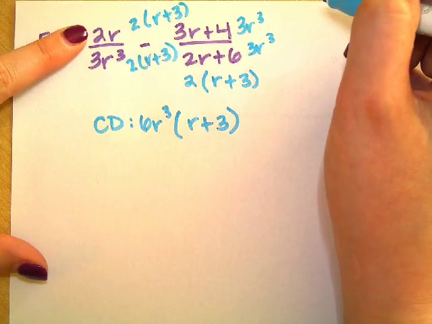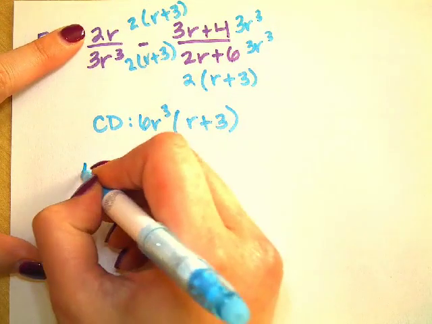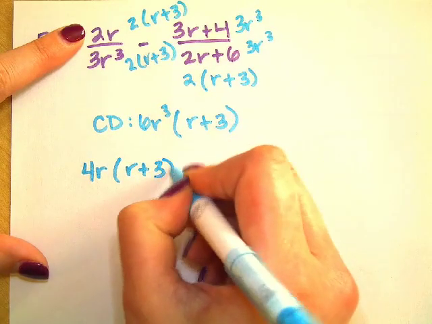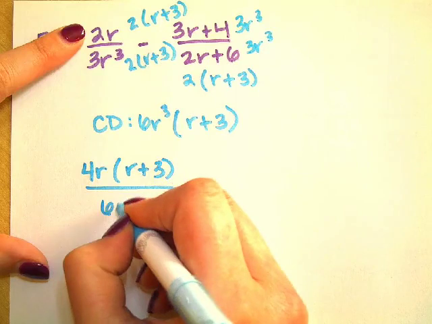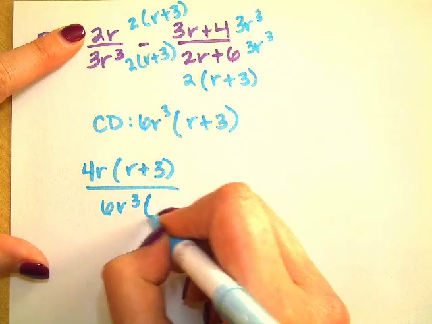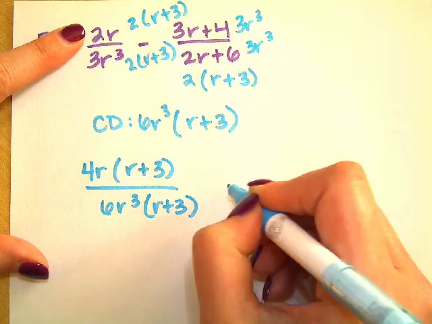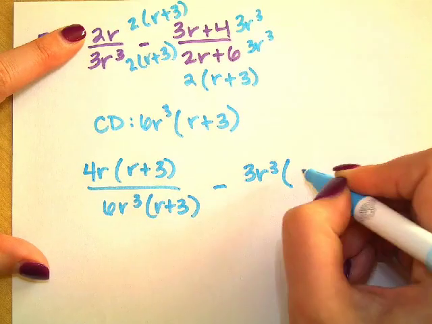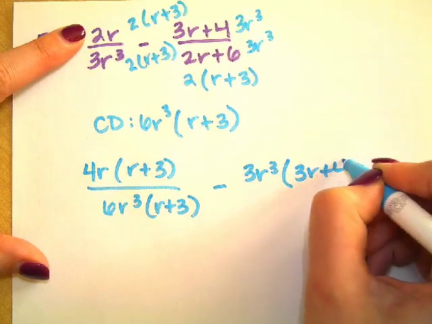So I'm going to say that the first fraction is 4r being multiplied by r plus 3. Are you guys okay with that? And then I'm going to say minus, and then I'm going to say 3r cubed times 3r plus 4.